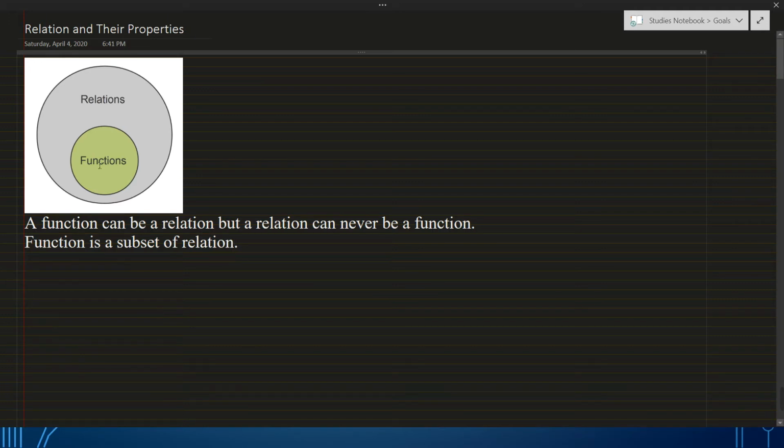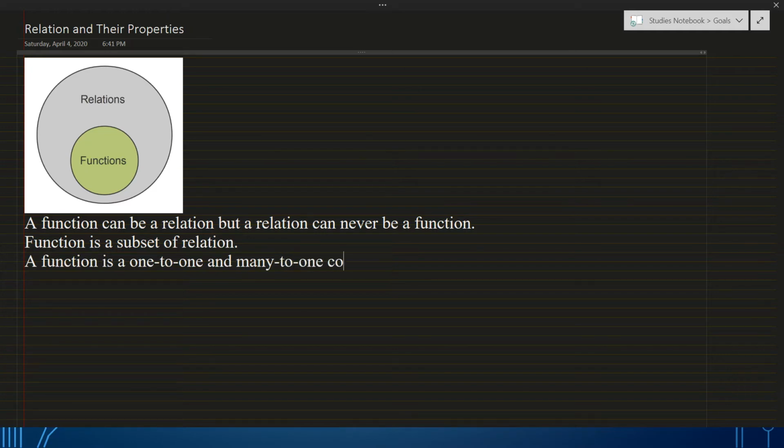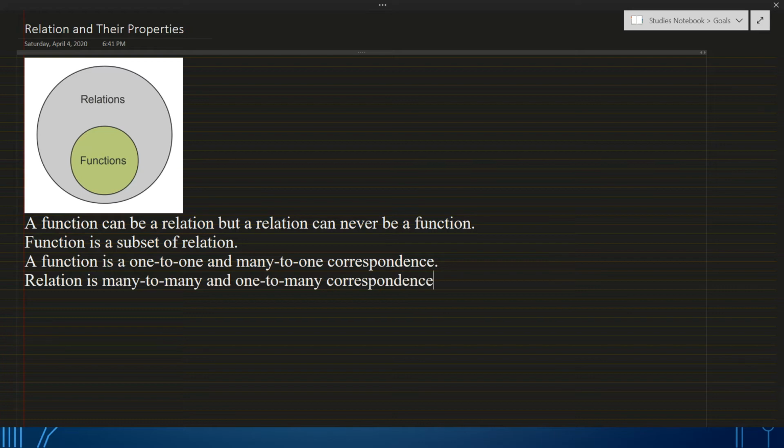As discussed in the previous chapters, we know that a function is a one-to-one and many-to-one correspondence, while a relation is many-to-many and one-to-many correspondence.